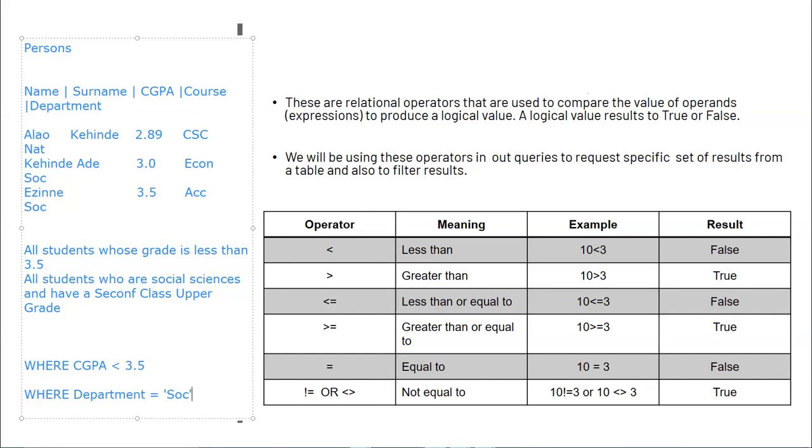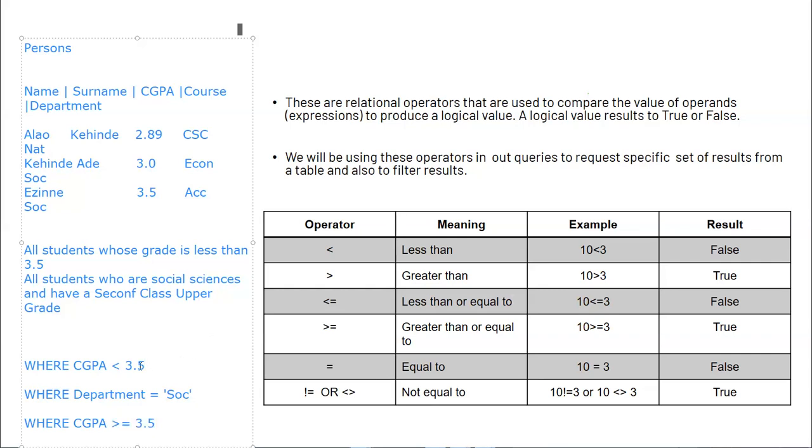And then for the other one, all students who have a second class upper grade, we are selecting all students, and then we are saying where CGPA is greater than or equal to 3.5. Now, what I want to draw your attention to is this greater than sign. When I say there's something we call monotone increasing, monotone decreasing, we also call something strictly increasing or decreasing.